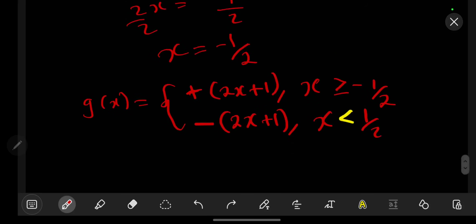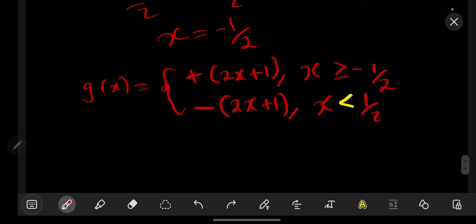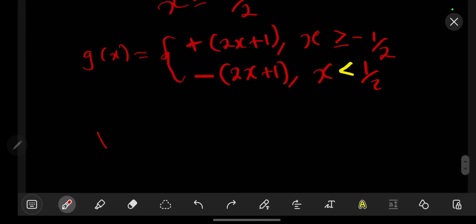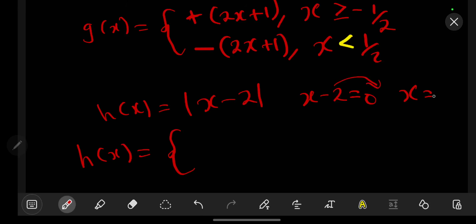Now, we have redefined this equation. The other equation is h of x equal to the absolute value of x minus 2. Redefining this as a piecewise function, the absolute value will change. So first get x minus 2 equated to 0. So x will be equal to positive 2.